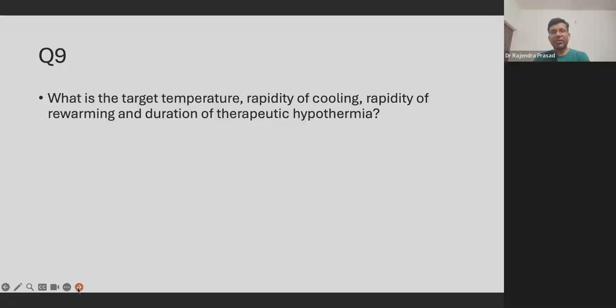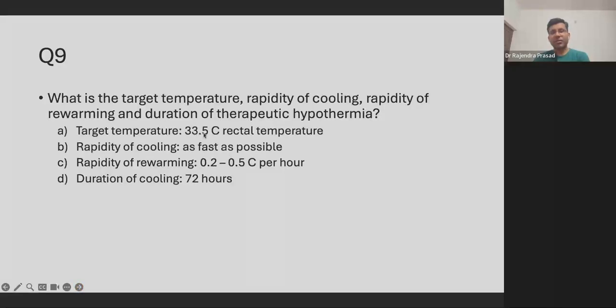This has to be very accurate actually. So it is 33.5 degrees Celsius of rectal temperature.